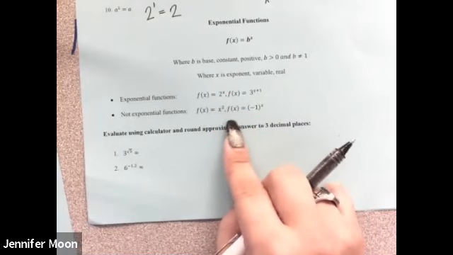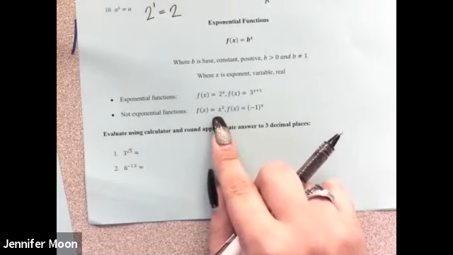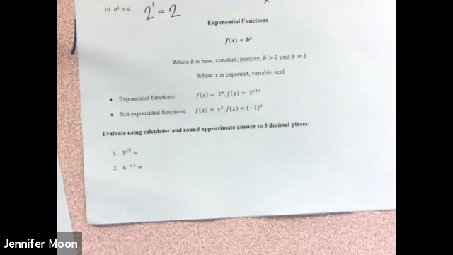This is how we're used to seeing it. But now I need a constant raised to a variable, not a variable raised to a constant. For that second one, if you look at your b, it's a -1, which is less than 0, which is why it wouldn't qualify for being an exponential function.